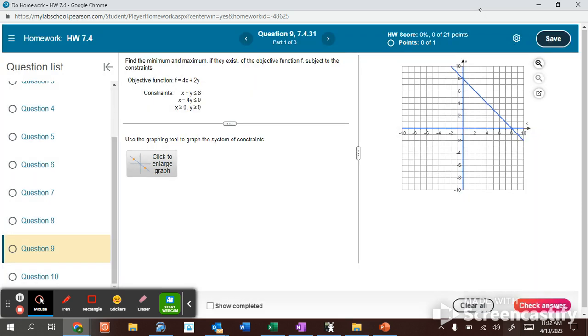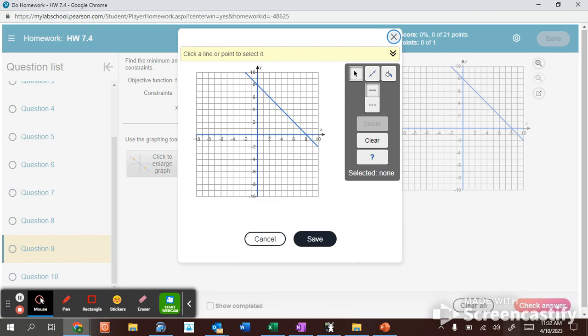And then x minus 4y equals 0. Okay? So if x is 0 and y is 0, that works. If x is 4 and y is 1, that works. So 0, 0, and 4, 1. So I'm going to graph that.